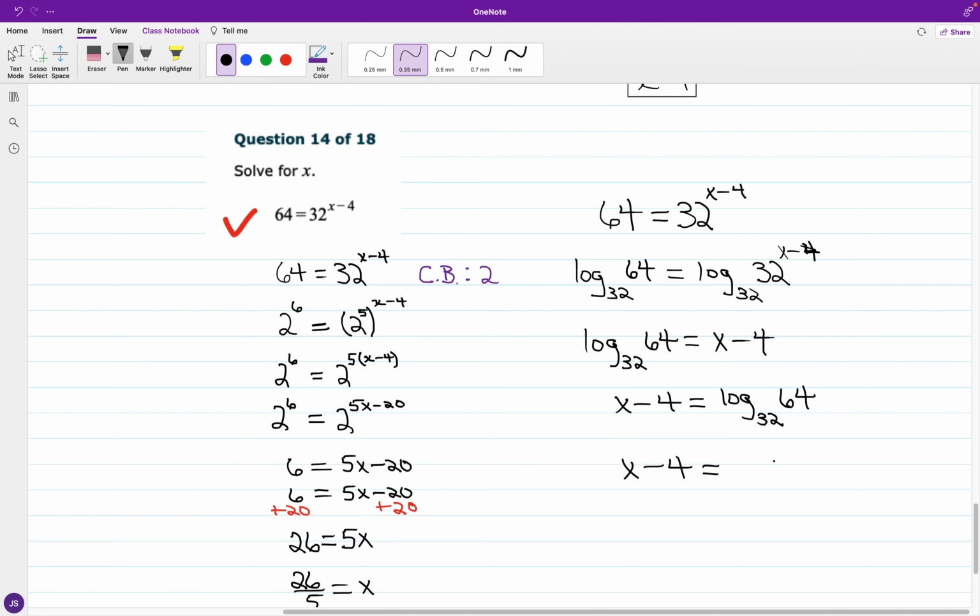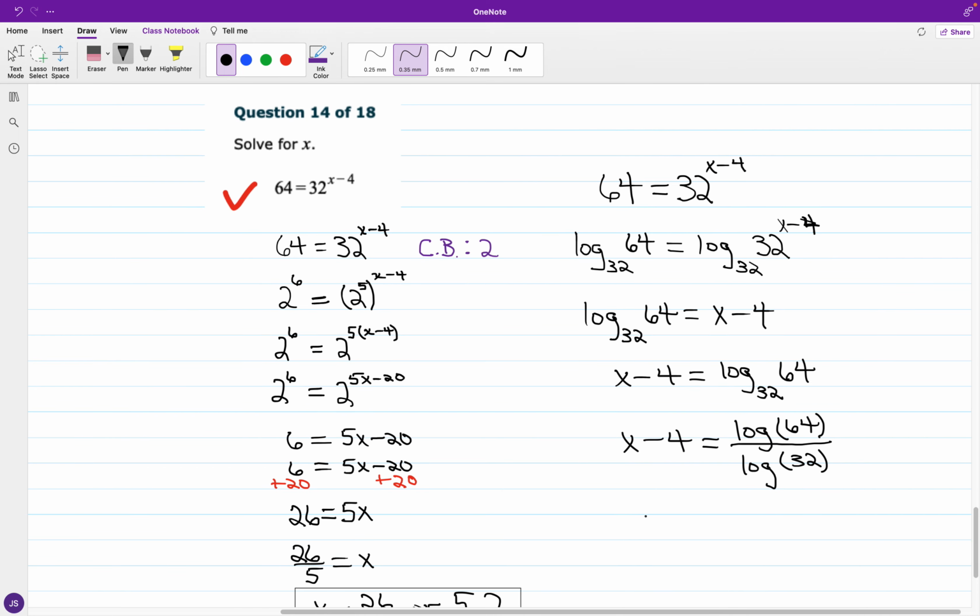For the base 32 logarithm of 64, I can use the change of base formula. I can apply either natural or base 10 logarithms in the ratio. If I apply base 10 logarithms, we have the base 10 logarithm of 64 over the base 10 logarithm of 32.